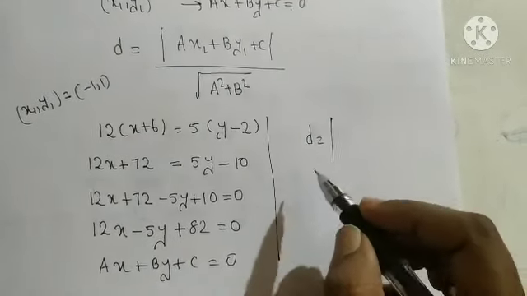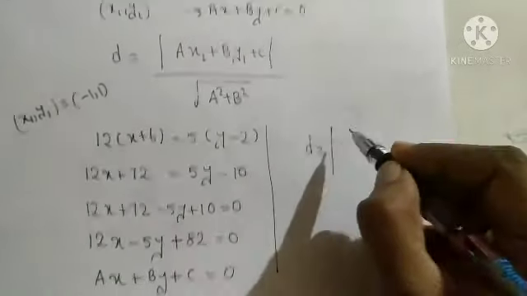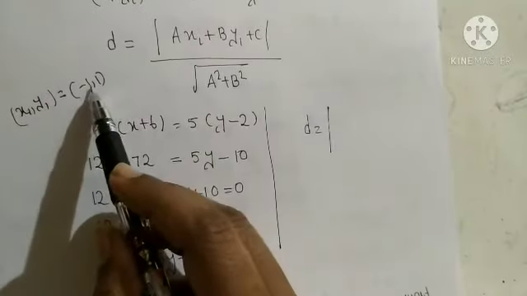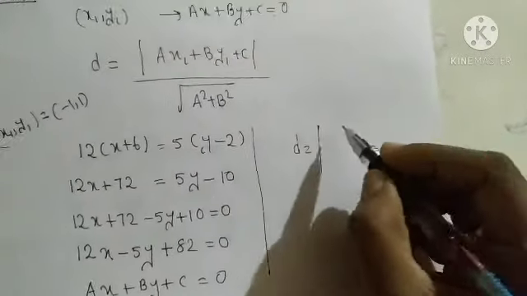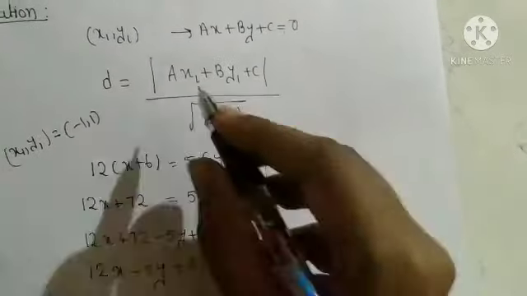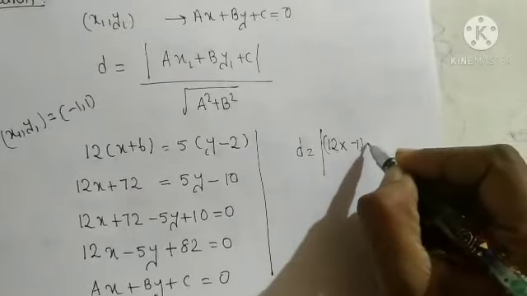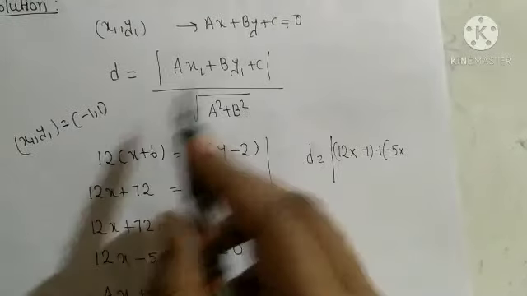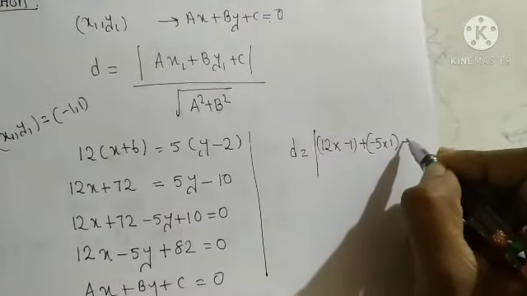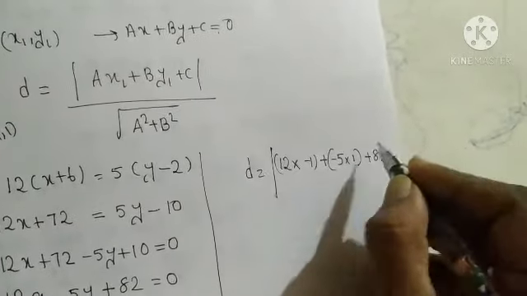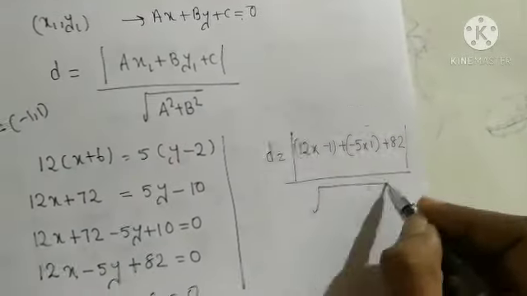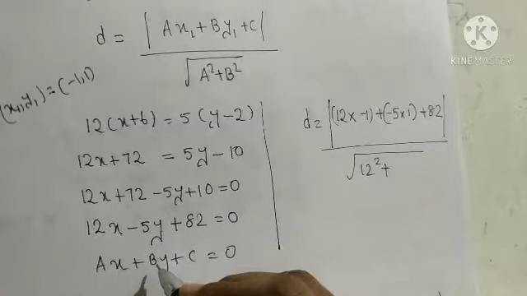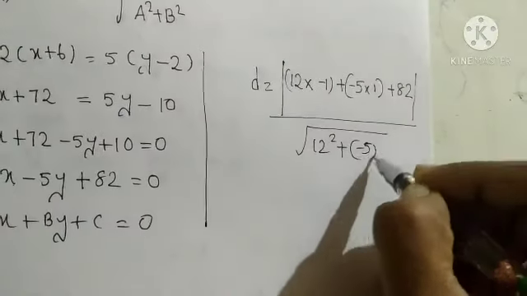D equal to modulus 12 into, giving the value of x and y to this x1 y1 point, that is minus 1, 1 here, we get 12 into x1 is minus 1 plus b is minus 5 into y1 is 1 plus c value is 82, whole divided by root of, here a is 12 square plus b is minus 5 whole square.